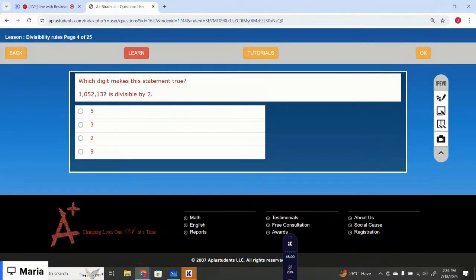What digit makes the statement true? The number is divisible by 2. So the ones digit must be 2. Option number 3 is the correct option.